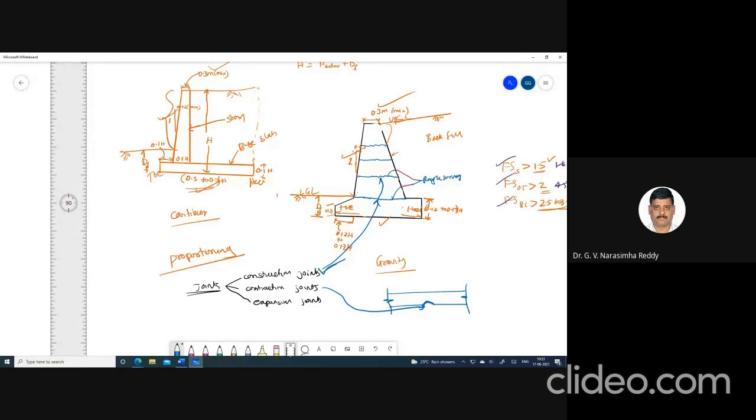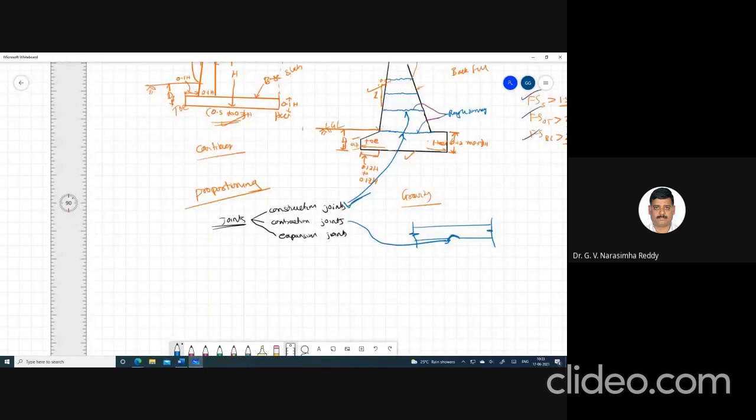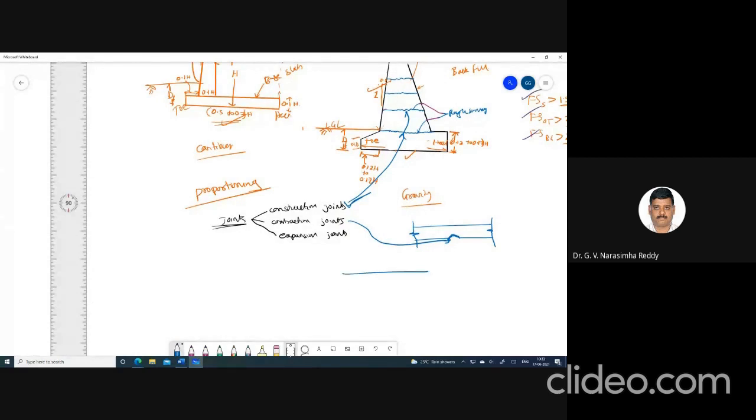And similarly, you will also provide an expansion joint. When you are constructing a very lengthy retaining wall, at every 30 meters or, let's say, 100 meters, generally you will provide a joint.